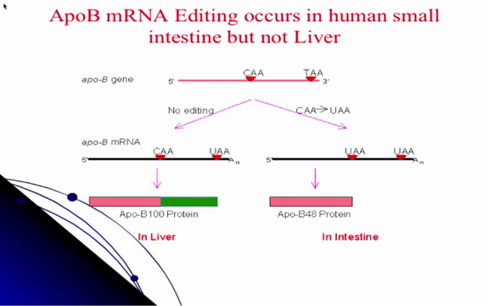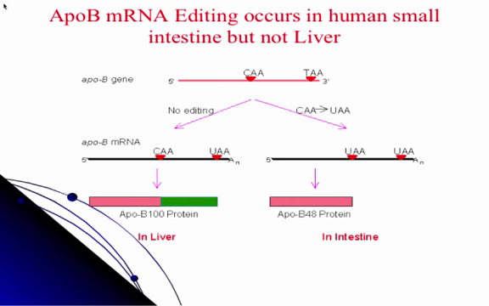All right, so this is called ApoB mRNA editing, the process we're going to talk about. ApoB mRNA editing occurs in human small intestine, but not the liver. And as the name implies, what happens is the ApoB mRNA is made, and sometimes its sequence is changed.